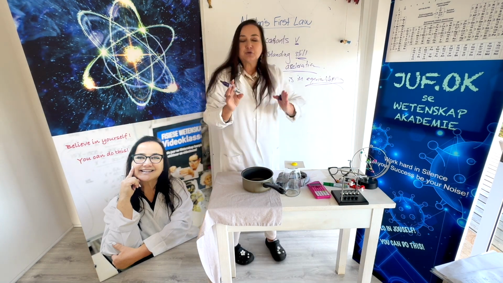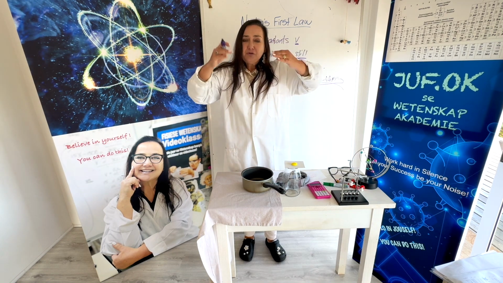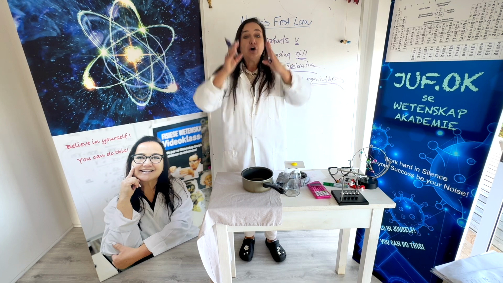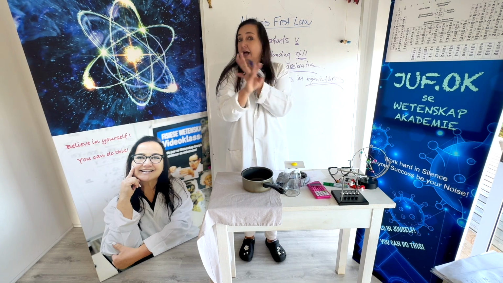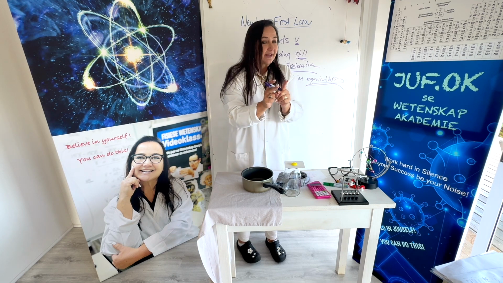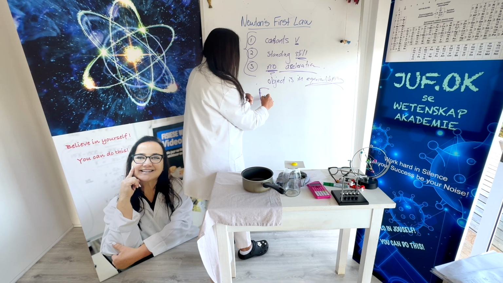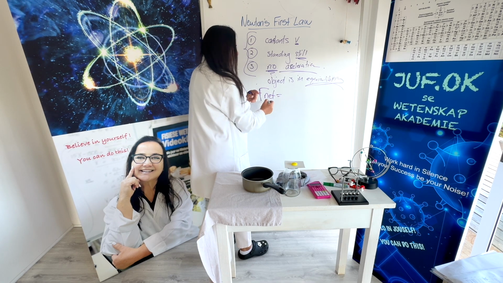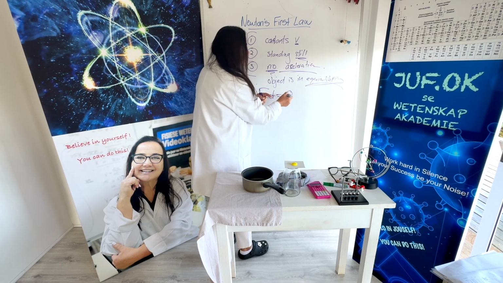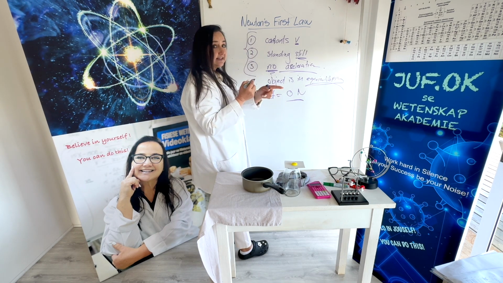If I would draw a free body diagram of all the forces acting on that object, there will either be none or they will be in equilibrium, which means that I could say that the net force operating on it equals 0 Newton. Or the forces will cancel each other out.